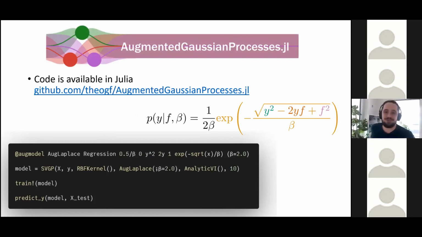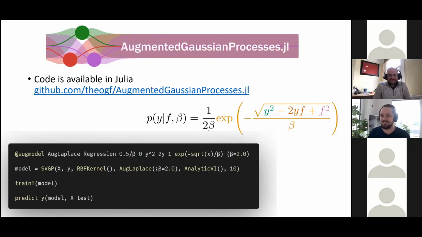And of course, I'm part of the Julia community, so I have to advertise for Julia packages. So I have my own augmented Gaussian processes package, where, by doing some pattern matching yourself, as I did not manage to do this automatically yet, you can give every element of your function, so this alpha, beta, gamma, etc., through a macro, and this will automatically create a type here, for example AugLaplace, and you can pass it to my models, and everything is going to run so smoothly with them.